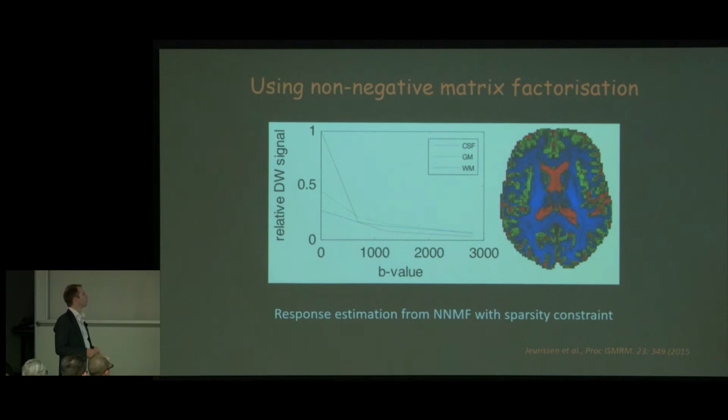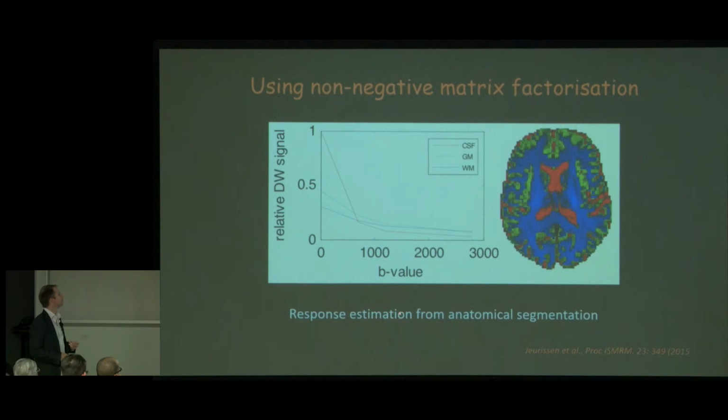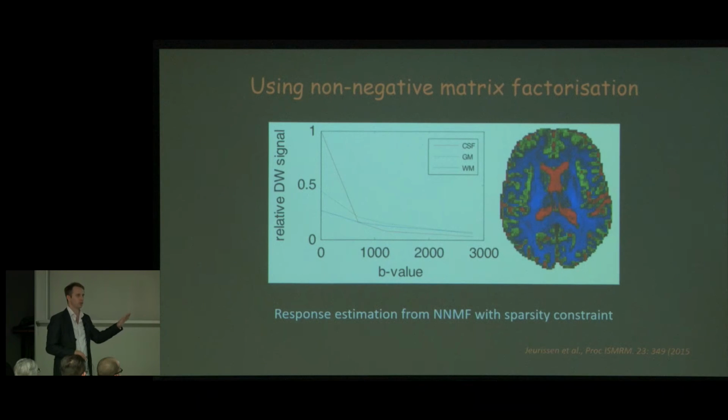You can also then iterate by looking at voxels that have very strong densities in this map, and then measuring the response from that and doing it again. And then this is what you get from the anatomical segmentation, just to compare the two outputs. So the advantage here is this is completely data-driven, no intervention from the user.